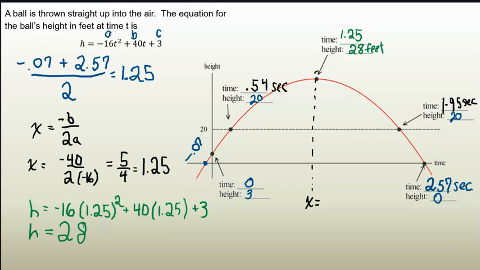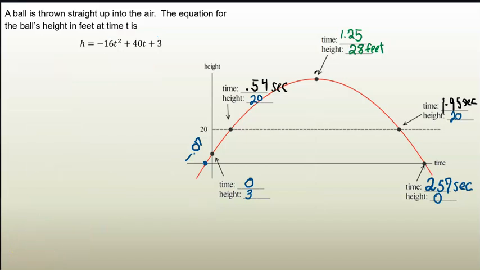Okay, a couple of things we want to talk about. So let's take a look at what we found. For starters, let's talk about that negative 16 in the front of this quadratic formula. That is Earth's gravity. So this object is being thrown on the Earth.